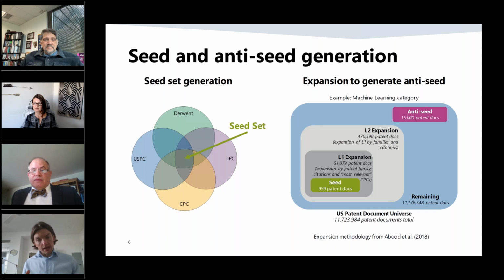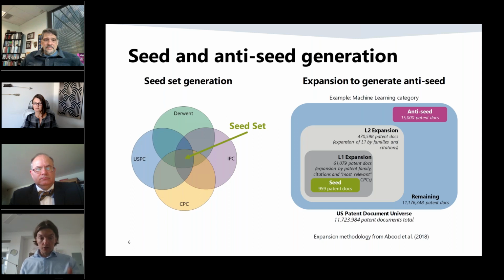So they said, we think you're AI hardware under USPC for these codes, we think you're AI hardware under IPC if we use this IPC-based query, CPC, et cetera. And then they intersected them. By intersecting them, at least we think that you're this technology, AI hardware, in all of these classification systems.